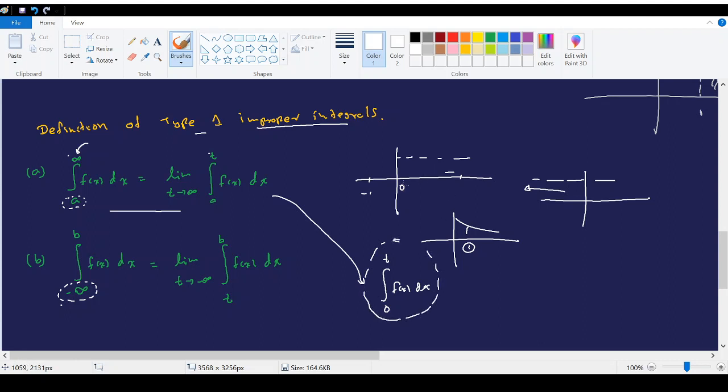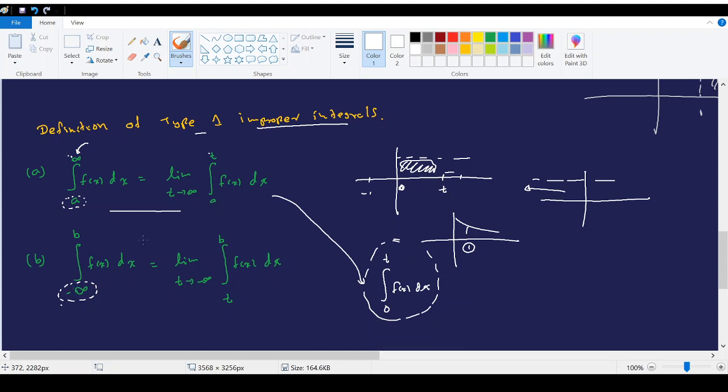In other words, if we take any finite number, this area will be a finite value. That property should also be satisfied to define these equations. So simply, if you say improper integral of type 1, that means we will have infinity in the upper limit or we will have infinity in the lower limit. But if you have infinity in the lower limit, that should be negative infinity.